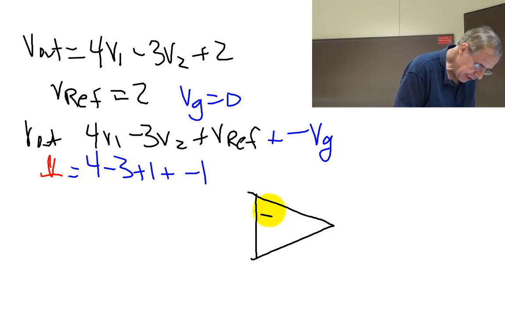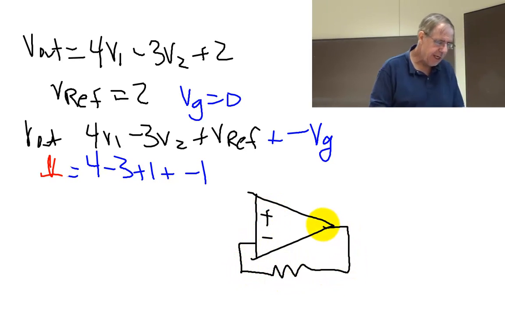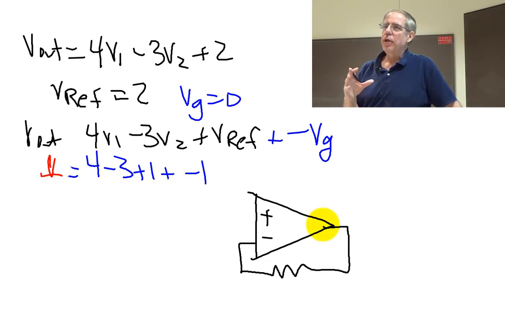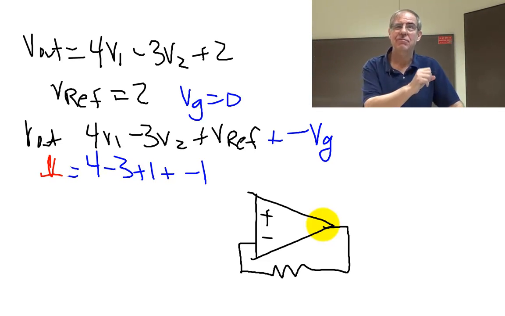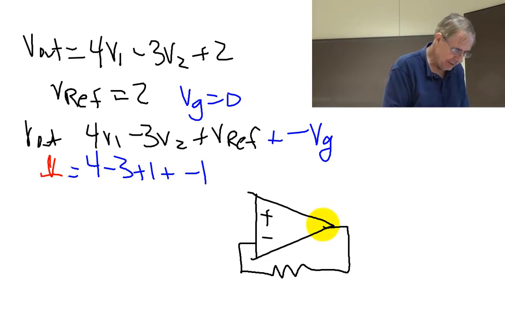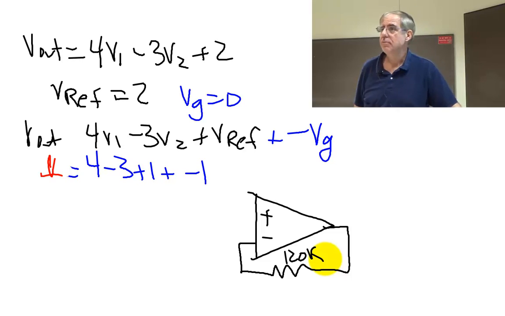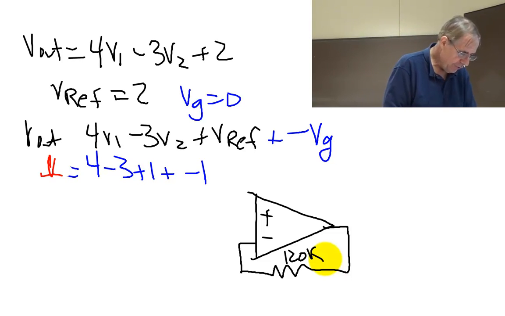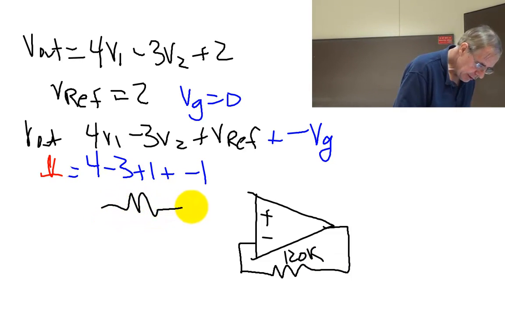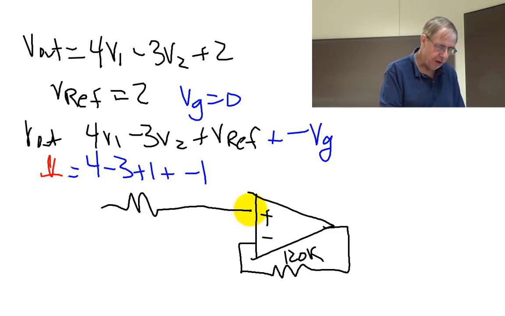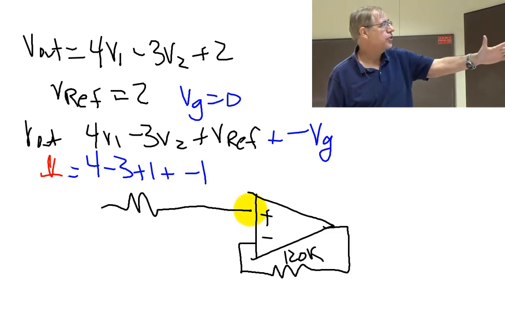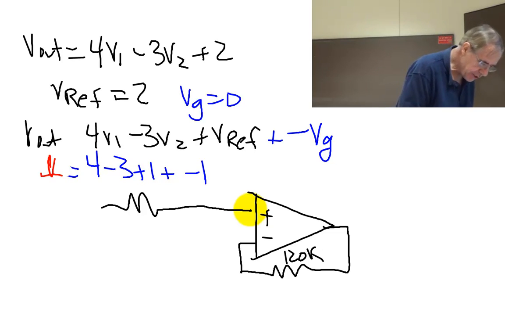I need negative feedback, so I'm going to choose a resistor which has a 12 in it, and 120K fits in my range. V1 needs to be a gain of 4, so I'm going to divide 120 by 4 and make this 30K.